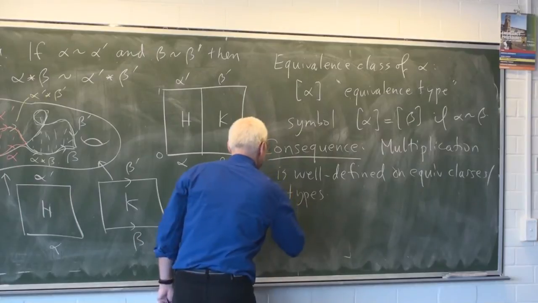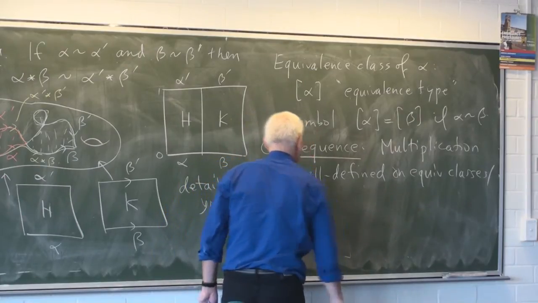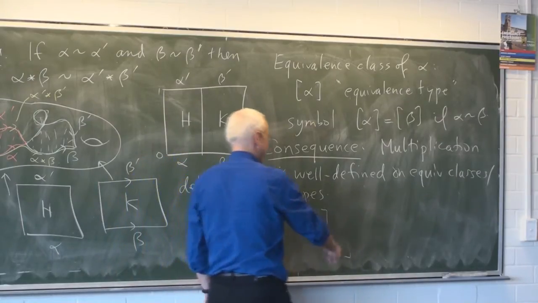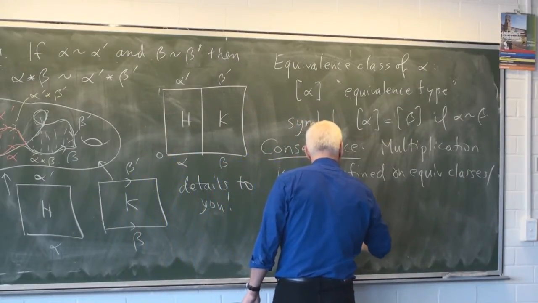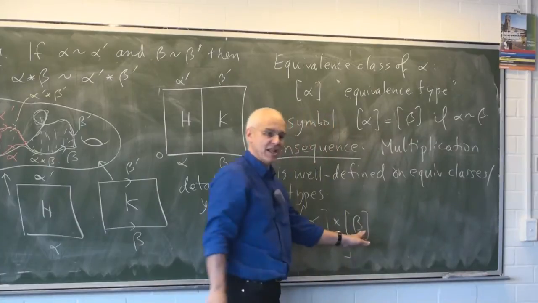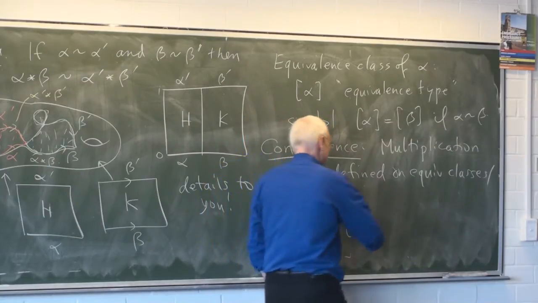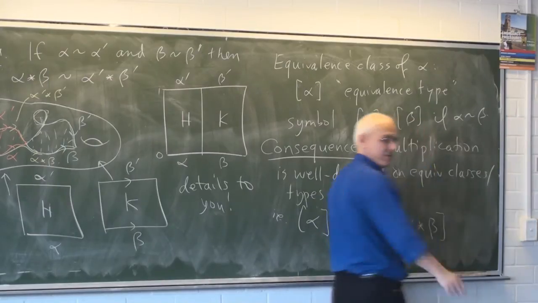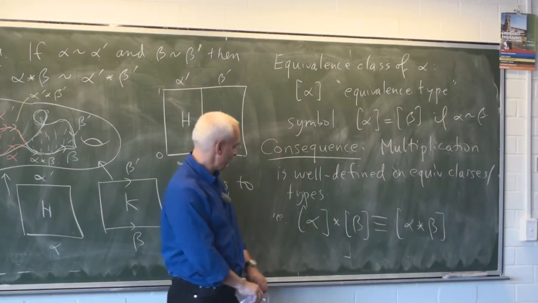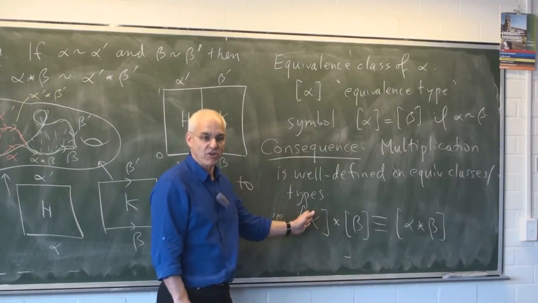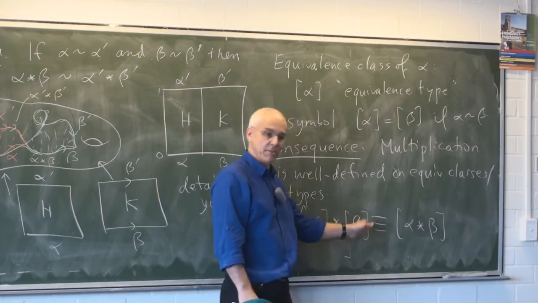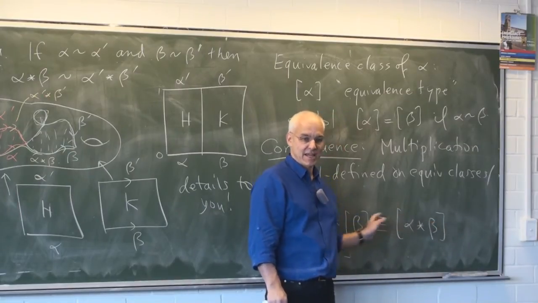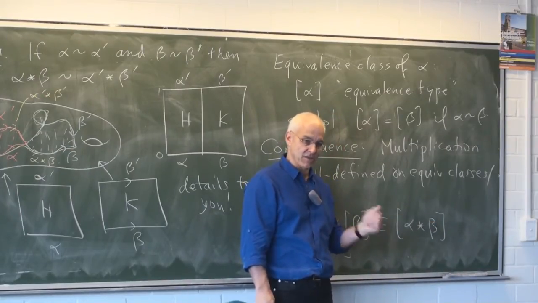In other words, we can say, all right, if we have a path alpha, and that's its equivalence class, and then that times the equivalence class of beta is by definition the equivalence class of alpha times beta. And if you substitute alpha for something homotopic to it, and substitute beta with something that's homotopic to it, you're going to get something over here which is homotopic to this one. So still in the same class. So that means it's well defined on the classes.